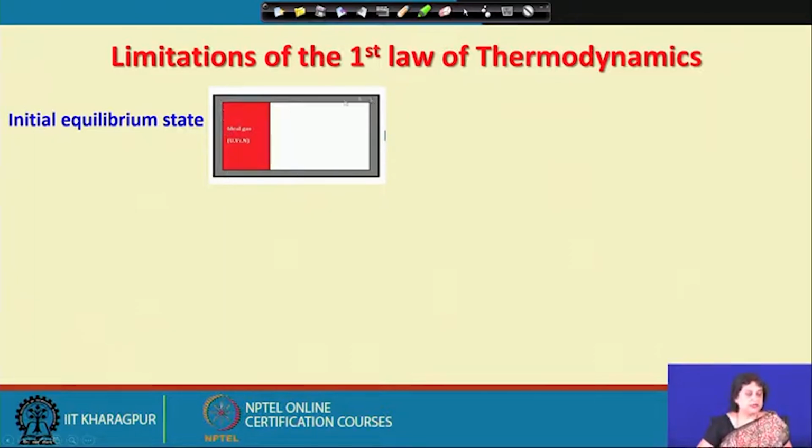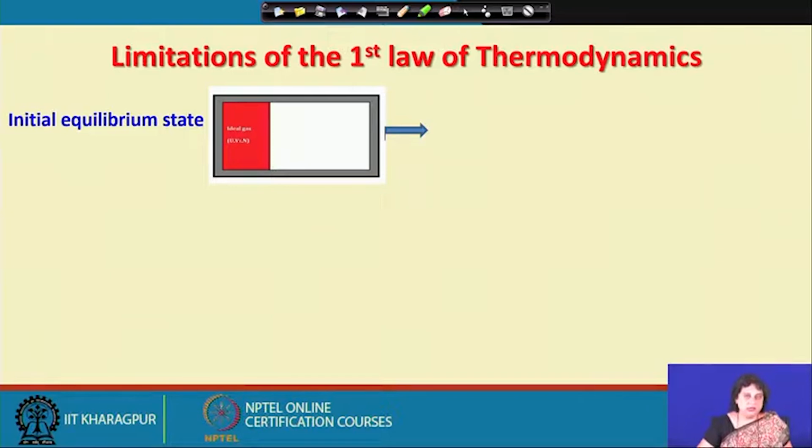This particular system is contained within a rigid impermeable box as shown by this gray area. There are two compartments inside this system. In the initial equilibrium state, as we have seen before, the right hand side compartment is highly evacuated and the left hand side compartment is filled with an ideal gas.